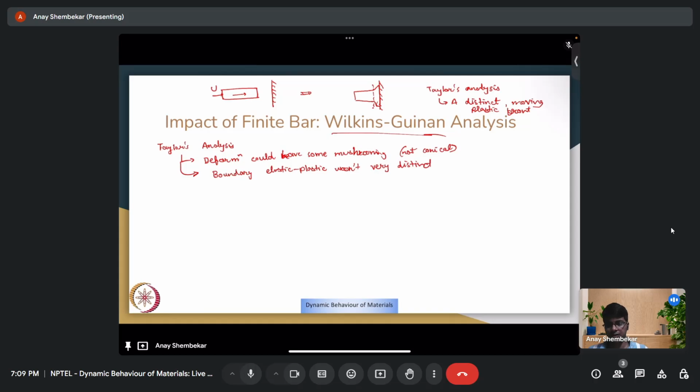So what Wilkins and Guinan did was they performed similar experiments, and they also involved some computational code to try and study what happens inside this finite bar impacting a rigid surface. From that, they found a few things.